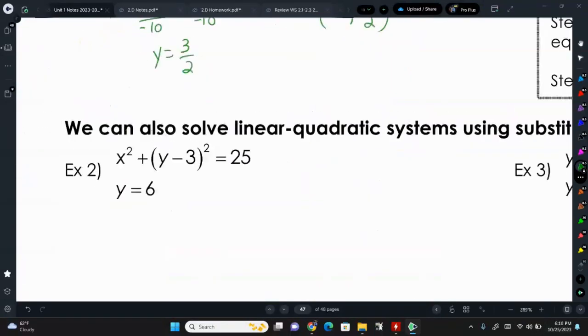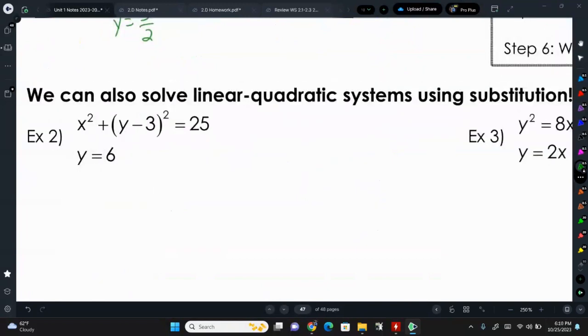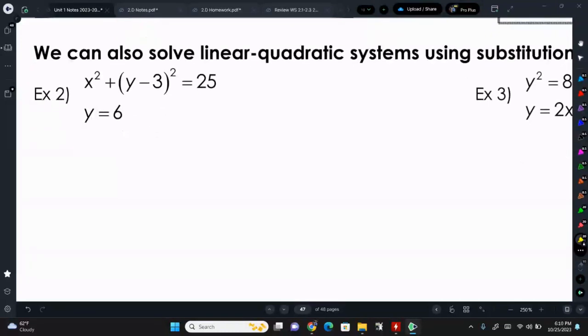We can use the same process to solve quadratic systems. So example 2, we have a circle, and you know it's a circle because it's x squared plus y squared, and we have the line y equals 6. And yeah, this one we probably could solve by graphing, but we could do it by substitution as well.